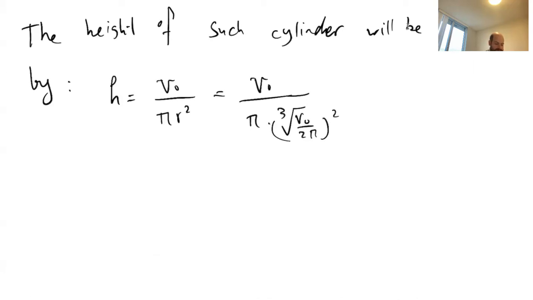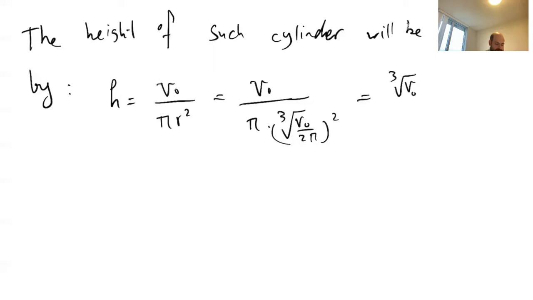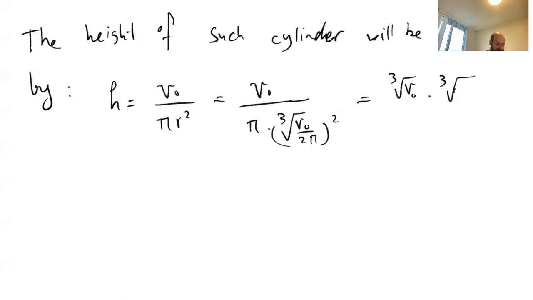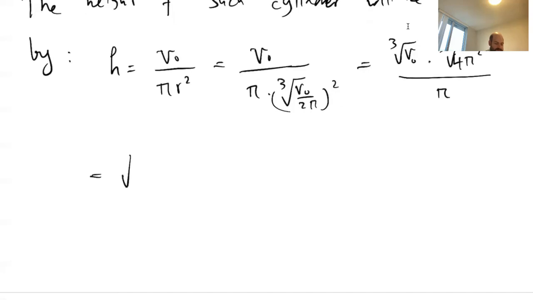And then if you simplify, cube root V0 times cube root 4 pi squared divided by pi. So this is cube root V0 over pi times cube root 4.